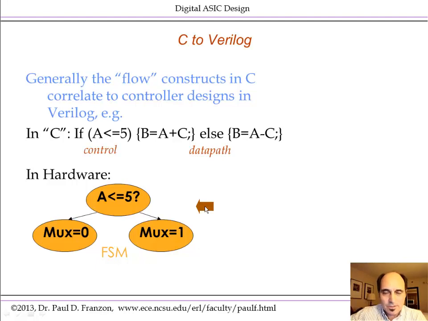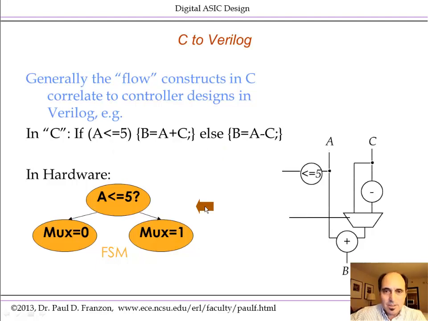And this control signal is controlling some hardware that includes this multiplexer and includes logic producing a zero flag in order to do it. So the if statement is becoming a branch in a finite state machine, and the assignment is becoming structure in the data path.